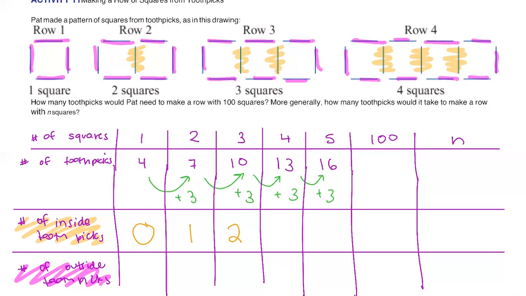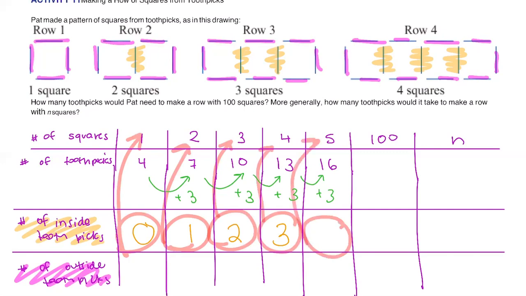For 4, there's 3. Ooh, what do I notice? The number of inside toothpicks is 1 less than the number of squares. 1 is less than 2 by 1, 2, 3, 3 to 4.